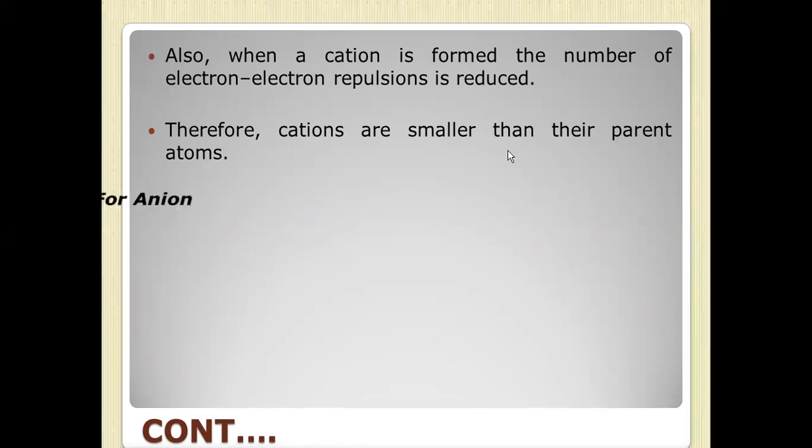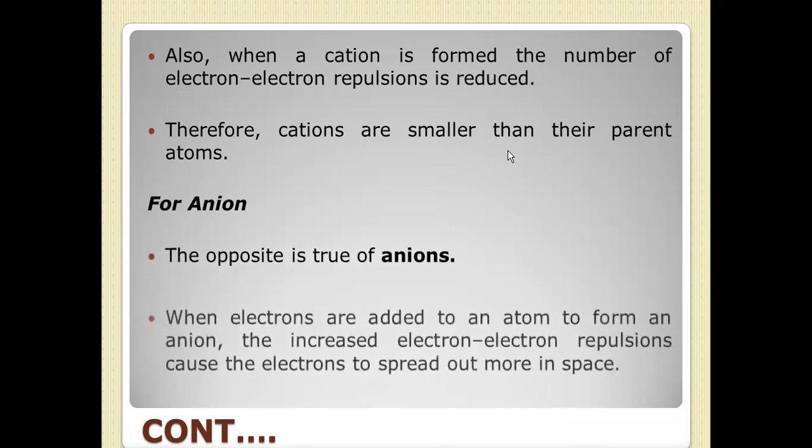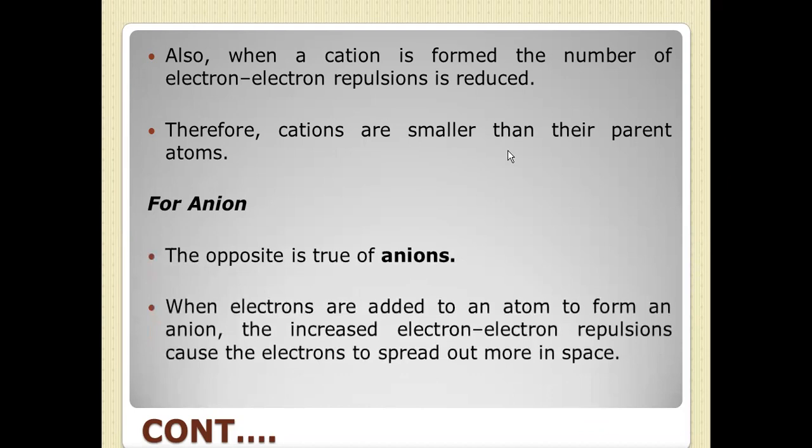The next one is for anions. This is the opposite for the anion. The trend is how the anion is forming. For stability, anions accept electrons. When one accepts the electron, it becomes stabilized.